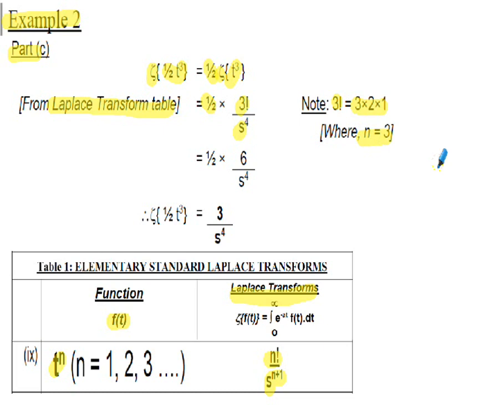So following the pattern through, I get the n factorial over s to the n plus 1, so that's 3 factorial over s to the 3 plus 1. So now I get a half of 6 over s to the 4. Simplifying that, my Laplace of a half t cubed can be written as 3, that's a half times 6 is 3, divided by s to the 4.